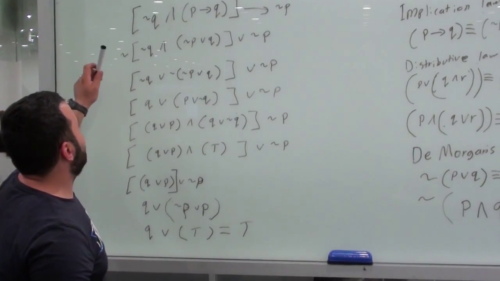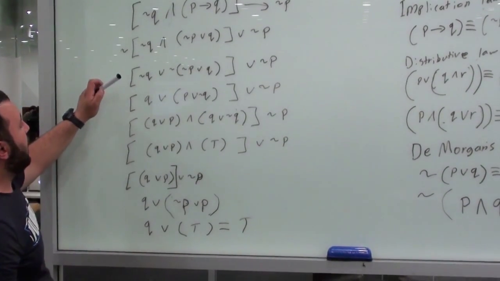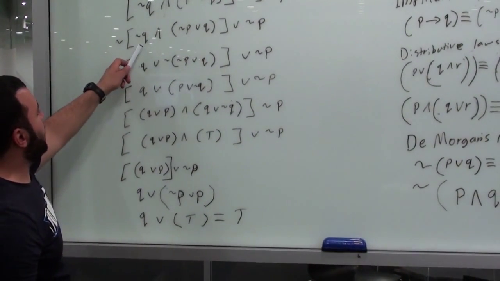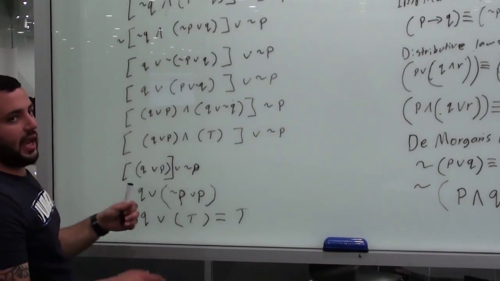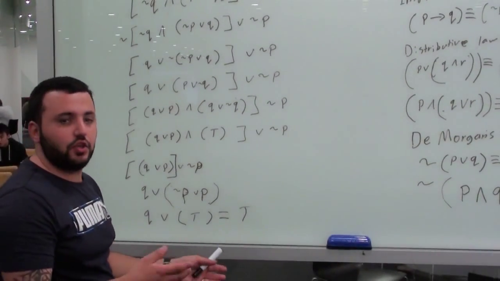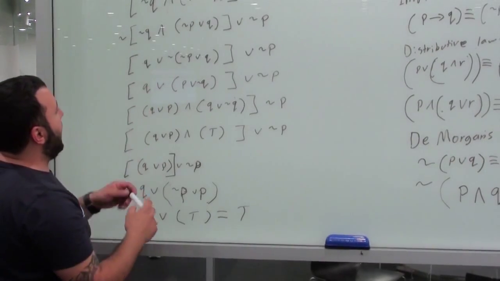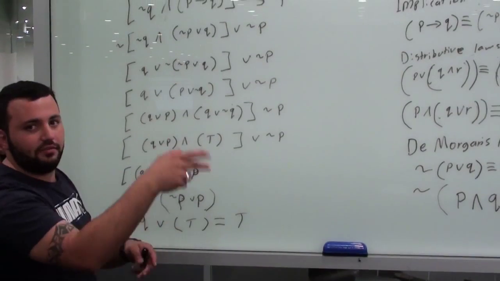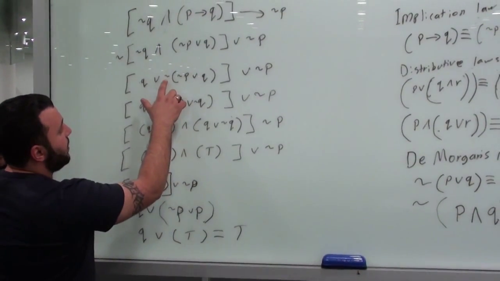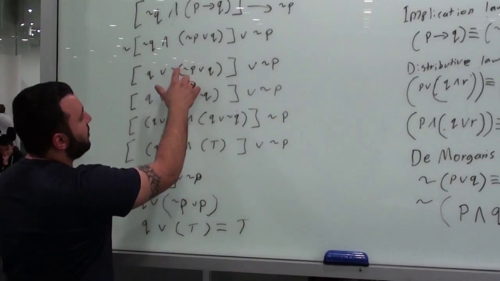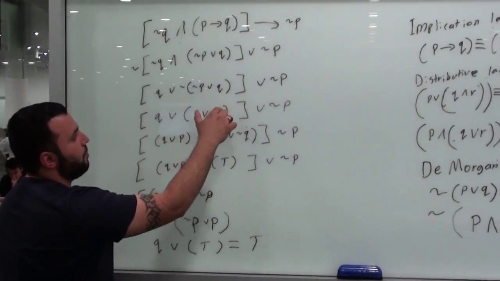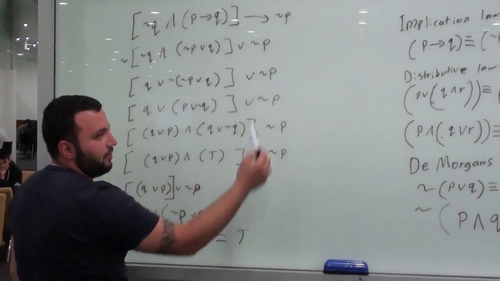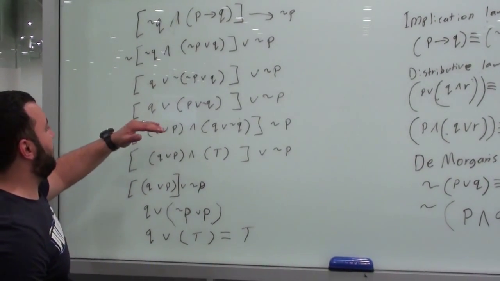So we say not, and then in here we have not Q, which is the same as Q. So we leave it as a Q, and then we use the symbol or, because we shift it, we have to swap around, and then we say not, between these brackets, the whole sentence, which is not P or Q. And then we just put all of them the same, and we go to the next one to simplify it more.